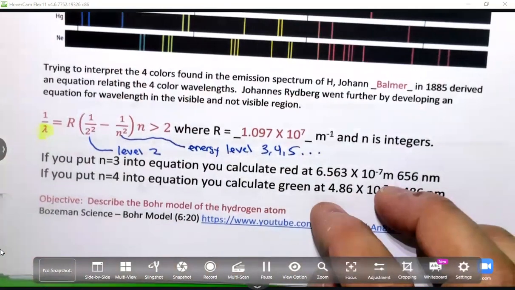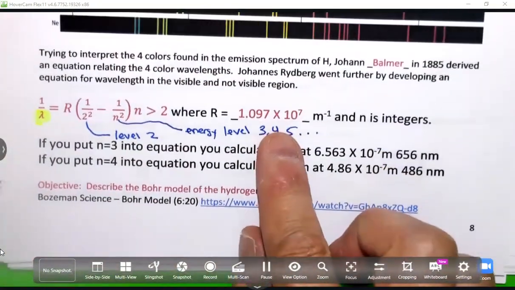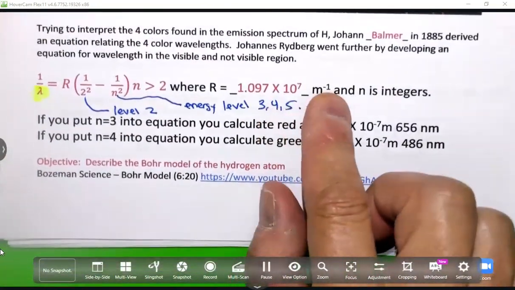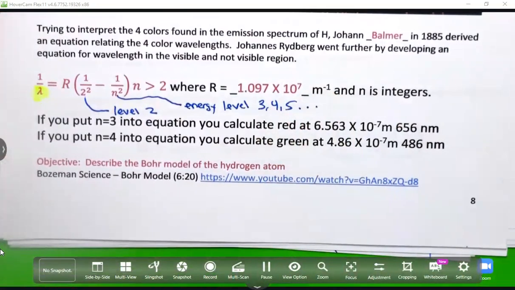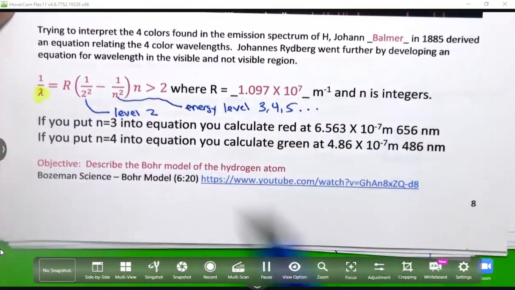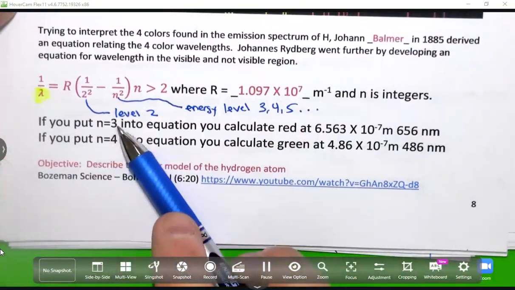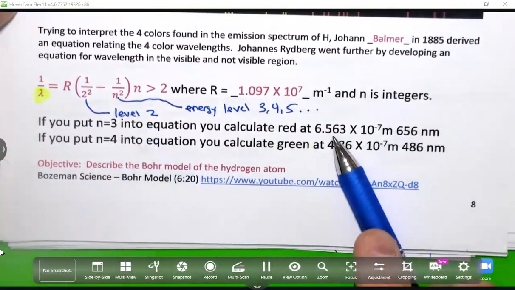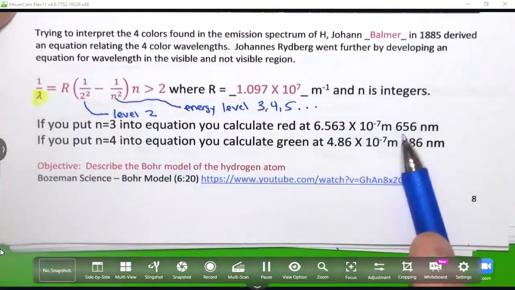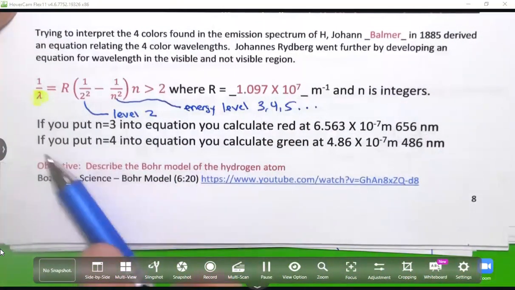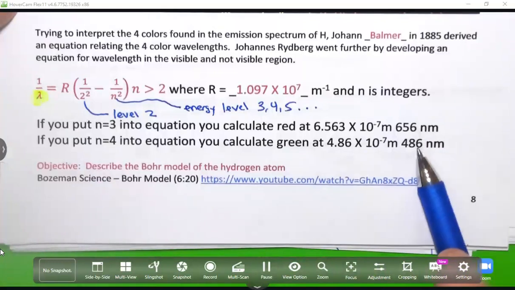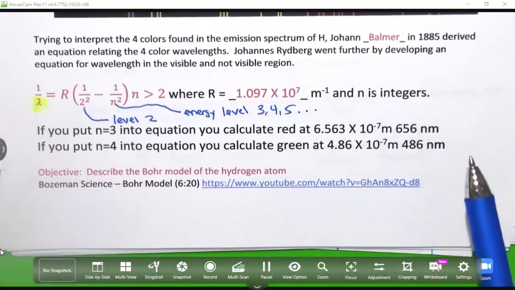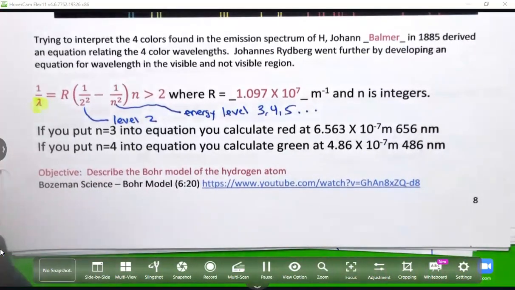Okay, so now we have this Rydberg constant in meters to the -1. And I've calculated this out. If you put 3 into this equation, you calculate red at 656 nanometers. If you put 4 into the equation, you calculate green at 486 nanometers.